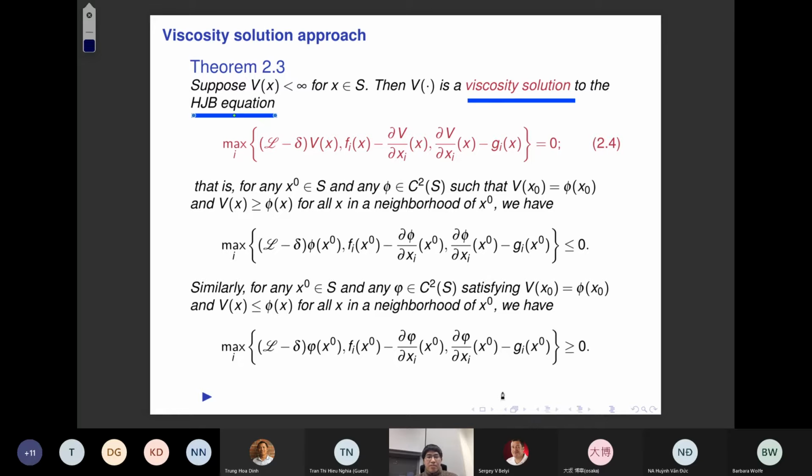We use techniques from the viscosity solution approach to prove first that we have a sub-solution and then that we have a super-solution.